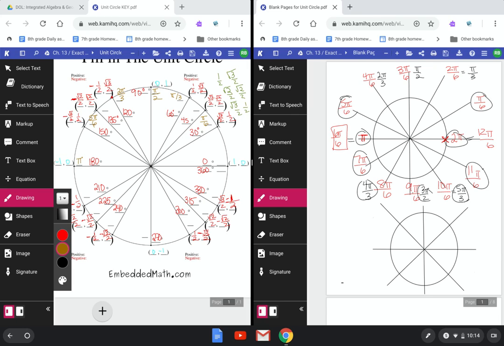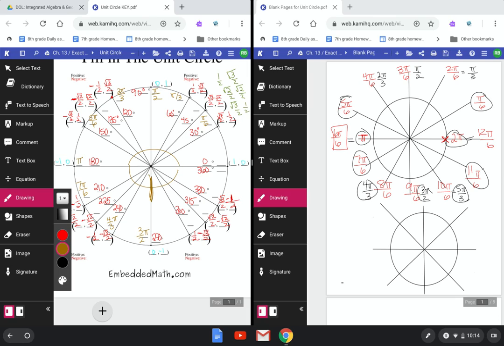So let's write those in on the left side. So we have pi is already there. Then we have 7 pi over 6. So this would be 4/3 pi here. And this would be 3/2 pi. And if you think about it, this is 1 pi, this is 2 pi.